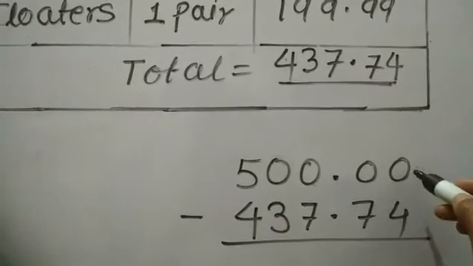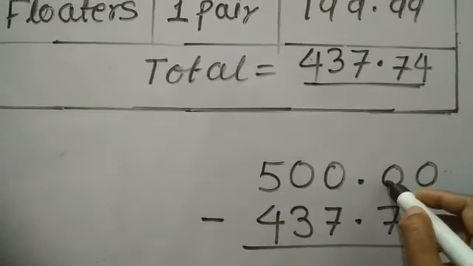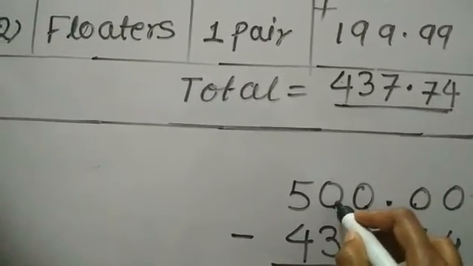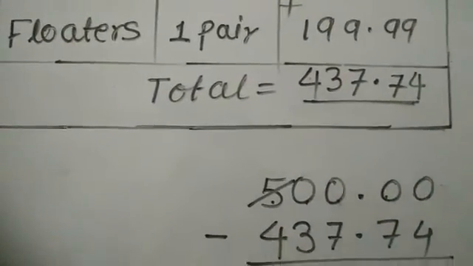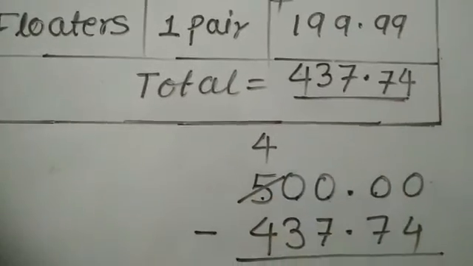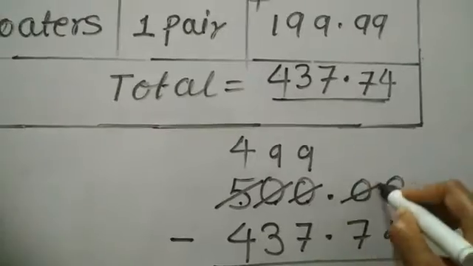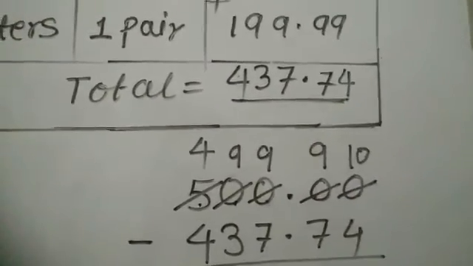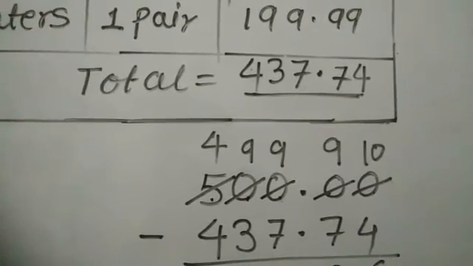Now 4 cannot be subtracted from 0, so we need to take borrow from the previous digit. Now the previous digit of this 0 is 0. This is again 0, this is again 0. So we need to take borrow from 5. So here I am going to cut 5 and write over there 4. Now this will be 9, this will be again 9, this will be again 9, and this will be 10, right? Now 10 minus 4, 6. 9 minus 7, 2.